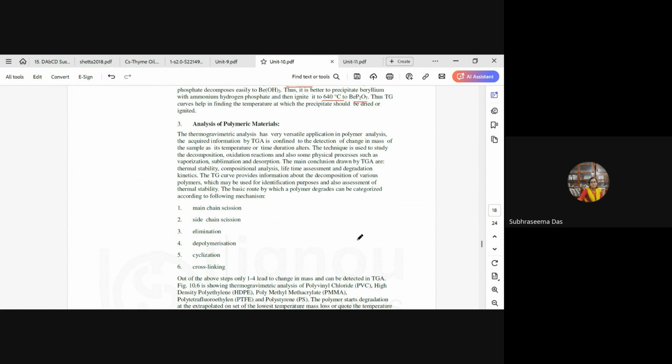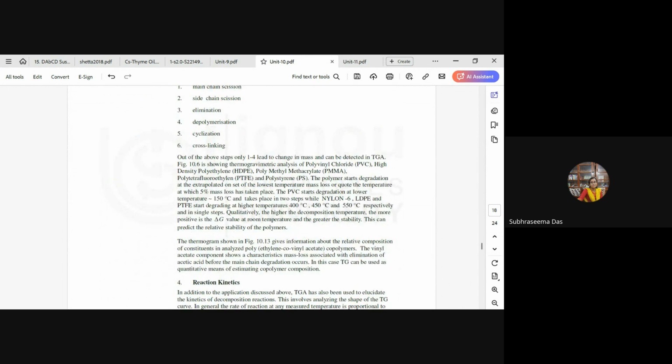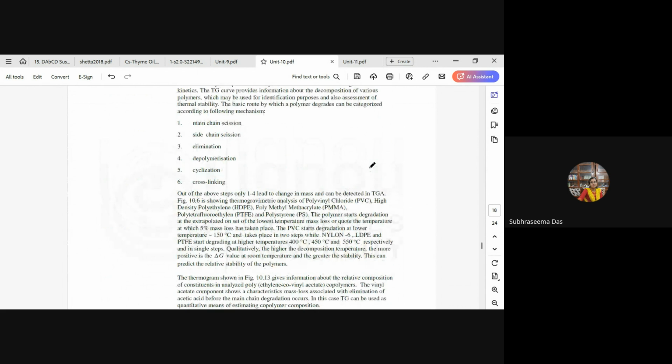The basic route by which a polymer degrades can be categorized according to the following mechanisms: main chain scission, side chain scission, elimination, depolymerization, cyclization, and cross-linking. These are some of the processes by which degradation in a polymer occurs. Out of these six, only 1 to 4 lead to a change in mass loss and can be detected by TGA.